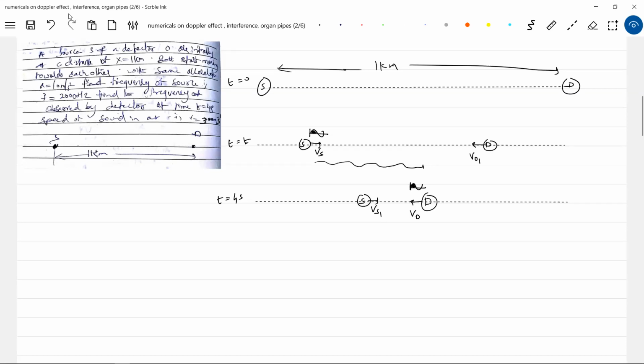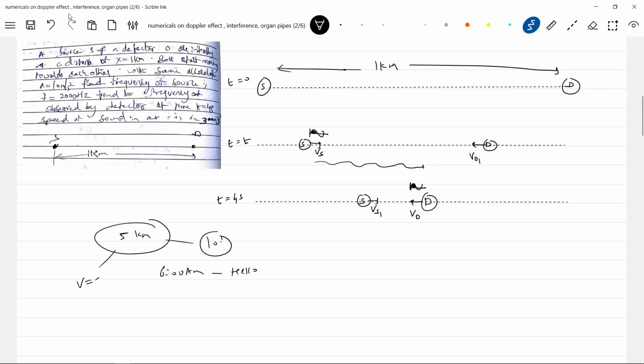Let's say the speed of sound is 500 meter per second. You are at a distance of 5 kilometers, so what is the minimum time needed? 10 seconds. Suppose at 6 o'clock I said hello, the speed of sound is 500 meter per second, and the distance is x equal to 5 kilometers. When are you going to hear it? Exactly after 10 seconds.